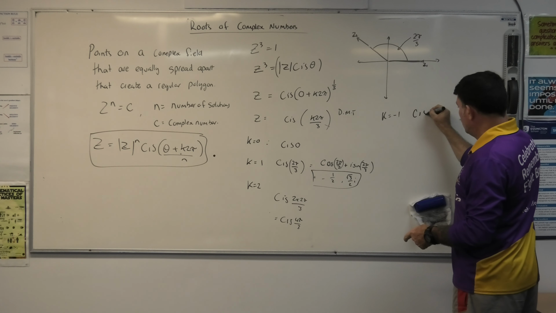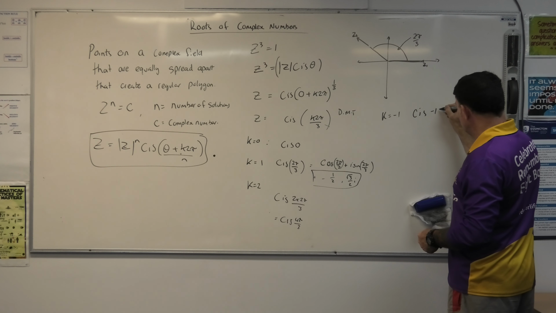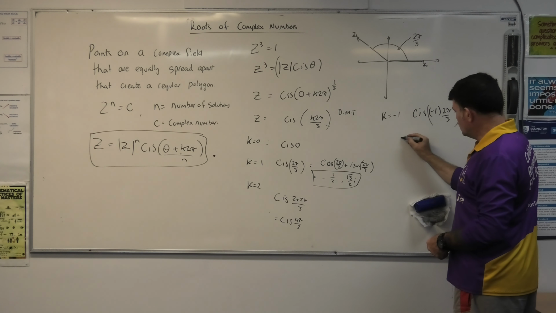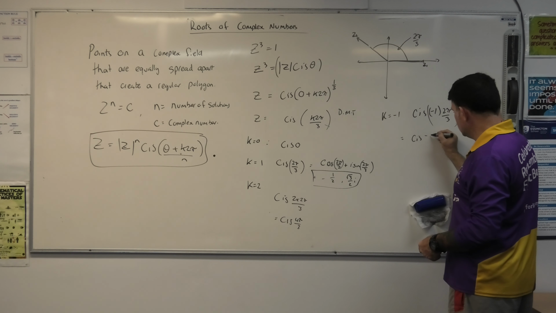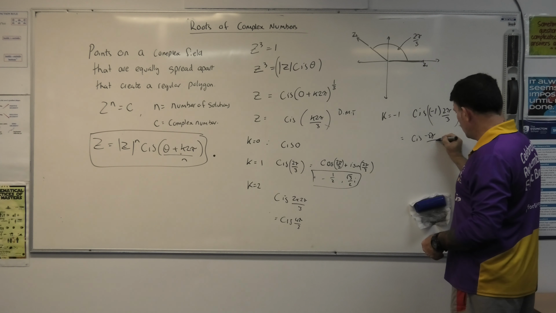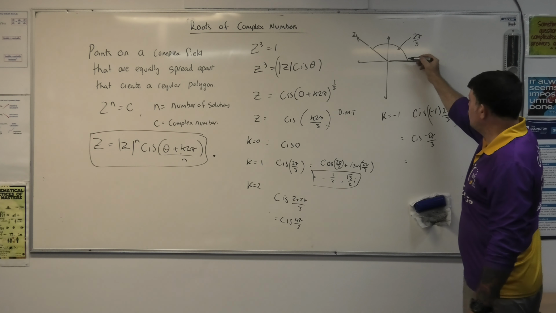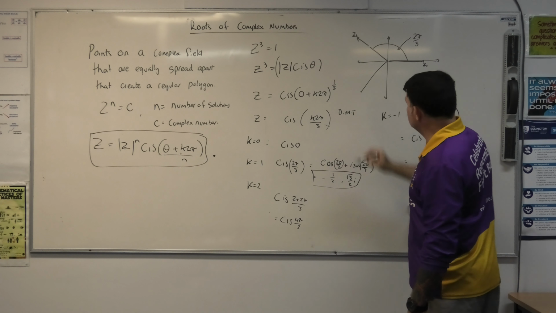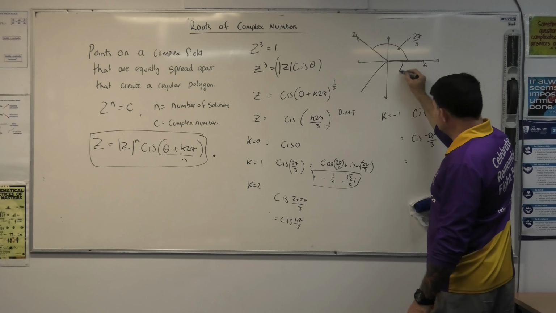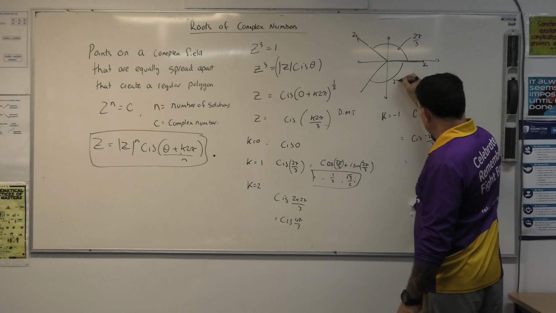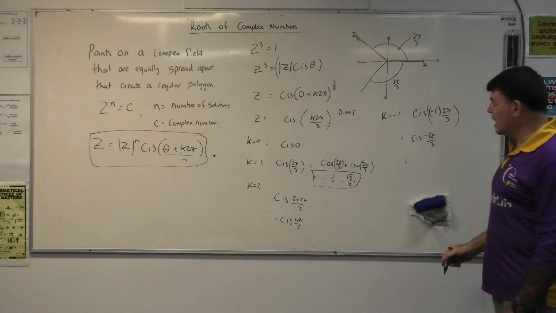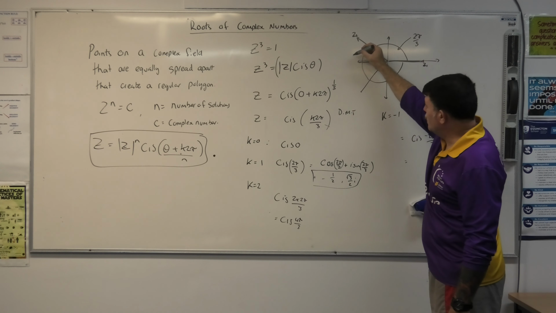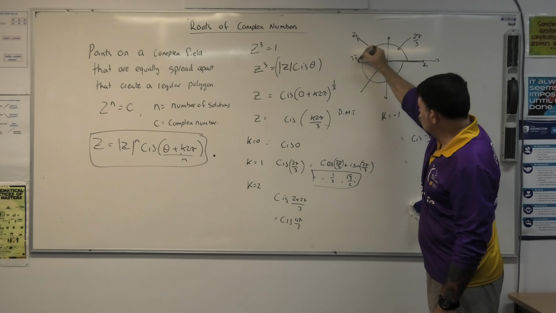So I would have cis negative 1 times 2 pi on 3, which is the same as cis negative 2 pi on 3. And again, we're coming down this time, and we're going to be coming across to this point. So this gives an argument of 2 pi on 3, and this also is an argument of 2 pi on 3.